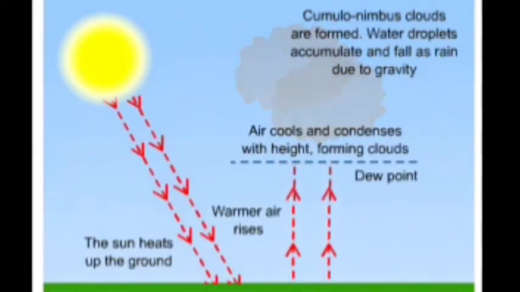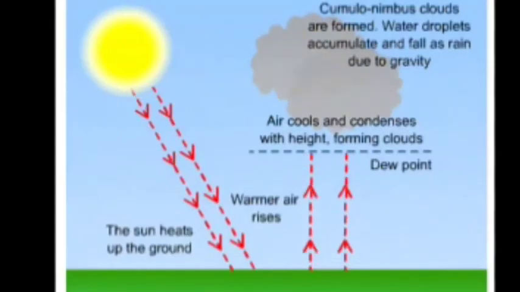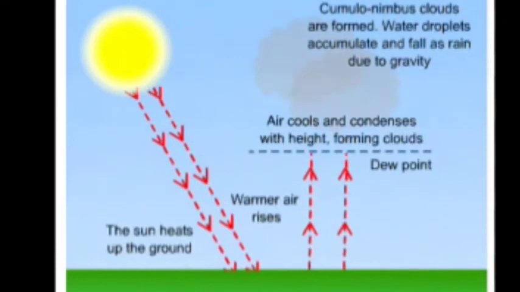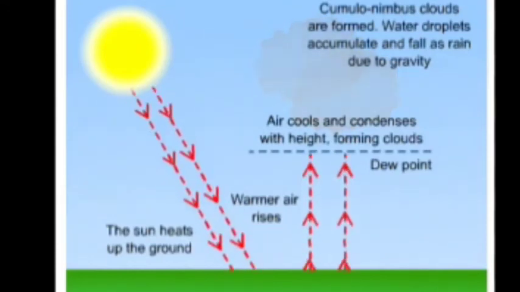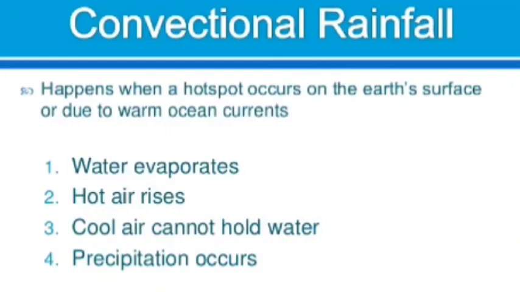Then cool air cannot hold, and clouds form. Then the clouds start moving from one place to another, switching from high pressure areas to low pressure. Where the low pressure occurs, the clouds reach the cooling point or dew point.